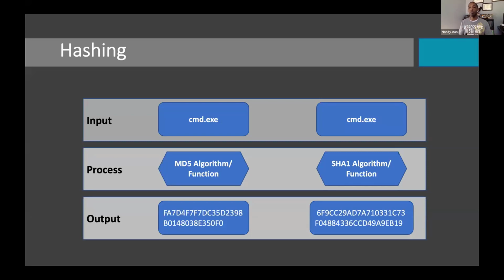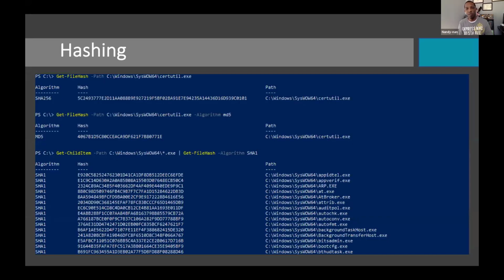We have a process in which it undergoes the algorithm function, and then we get this one-way computation that comes out and gives us high confidence that when we see this, it is that system. Now, there are collisions, but based upon the algorithm we're using, those are few and far between.